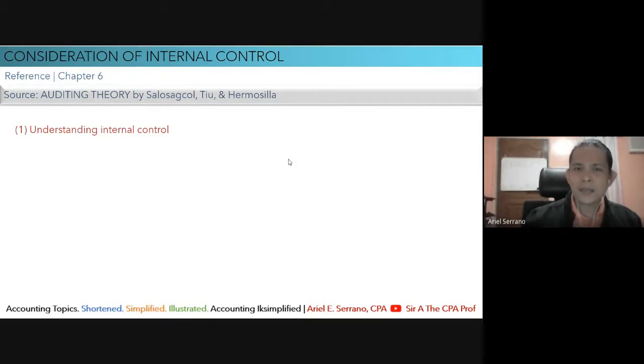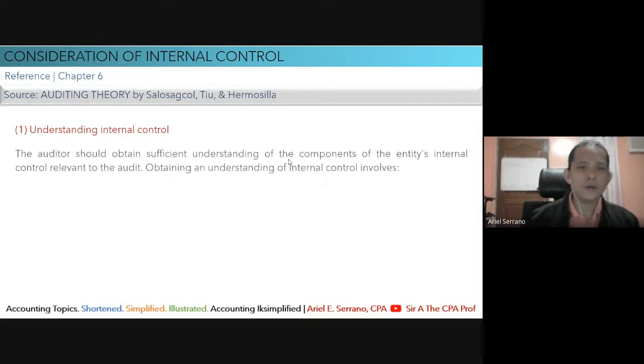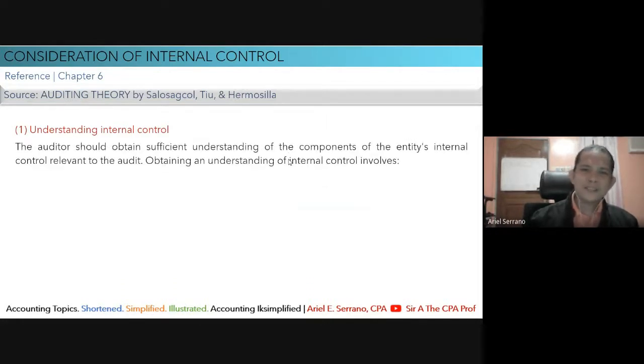Obtaining an understanding of the entity's internal control. So it is the job of the auditor to obtain sufficient, sapat na understanding of the components of the entity's internal control. Components, ito yung kakadiscuss lang natin in the previous video lecture.